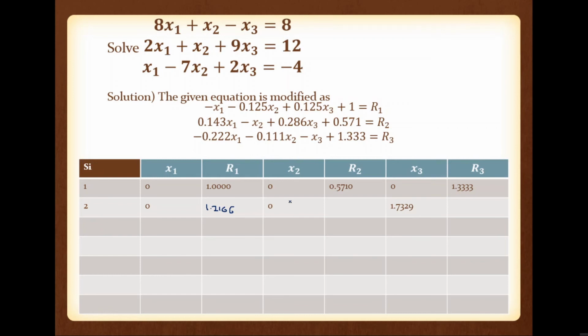Then the R2 value is 1.0666. I think it is 7, we can round to 7 because it is continuing. So this is R2. Then R3.